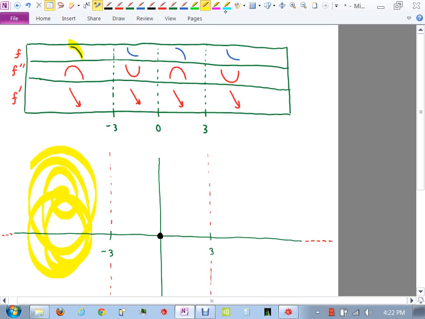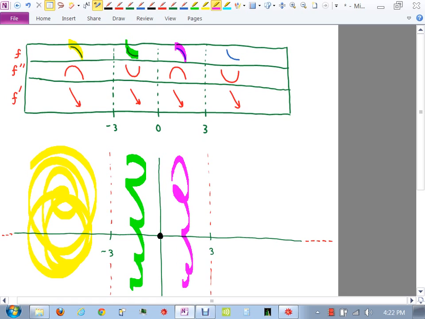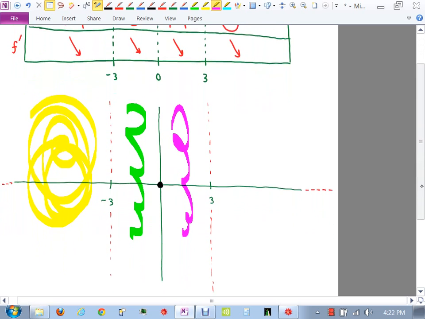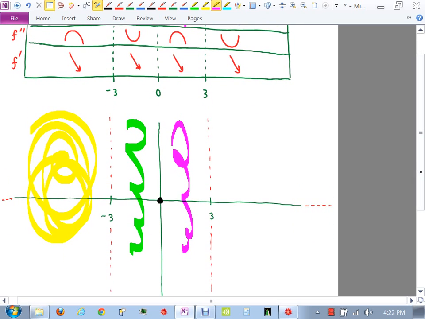And I know in this region here, my graph's got to look like that part of the smile. And in this region here, it's got to look like that part of the frown, right? You get it? What could help guide me to draw the rest of it is having just one point in each of those regions and plotting them so I know where the function is.